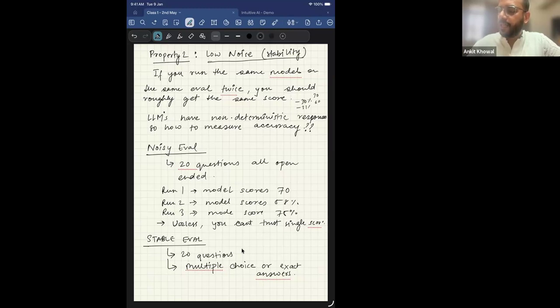If the data set is designed in such a way that the variance is so much, that means your eval is not good.